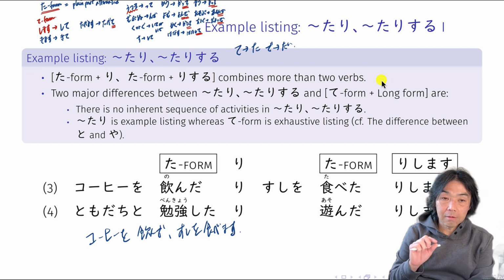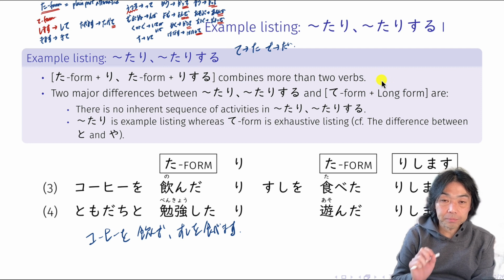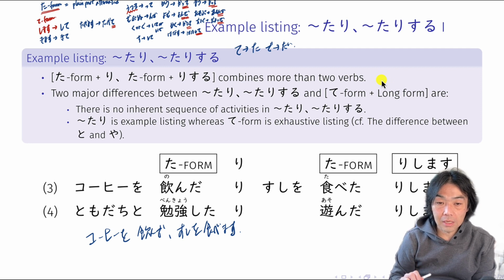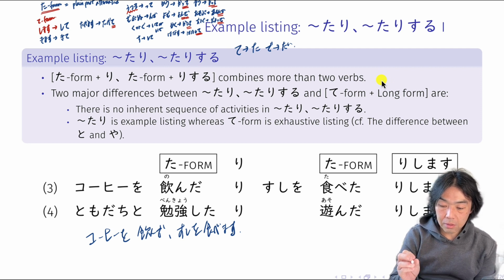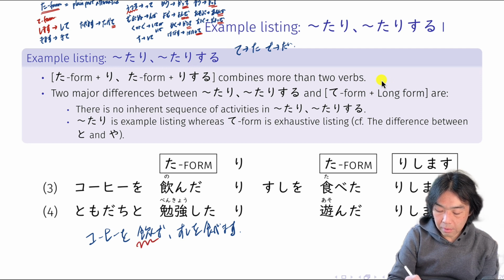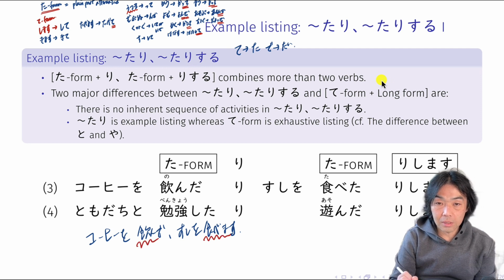But there are very subtle differences between ta form and te form. So let's start with te form. Okay, so let's focus on this one. If you use te form to combine two verbs, two things, you're indicating a strict sequence.